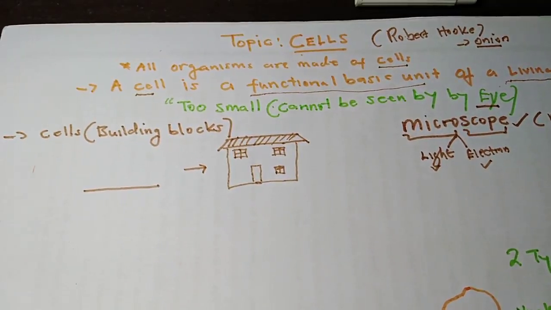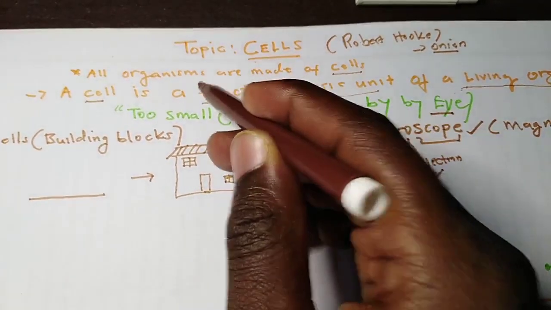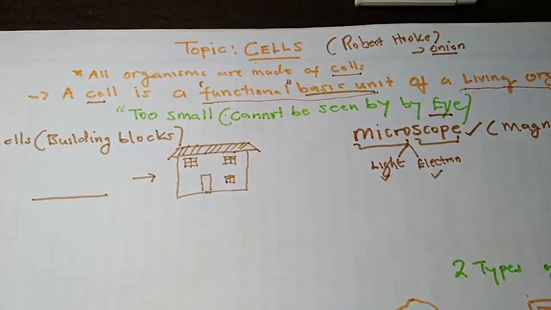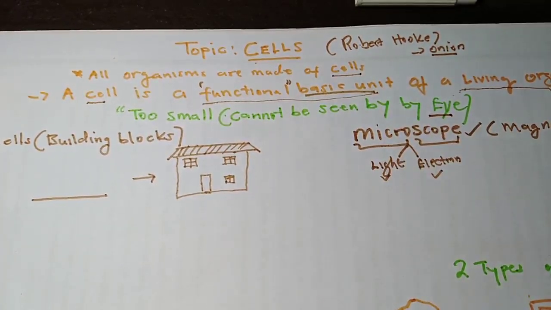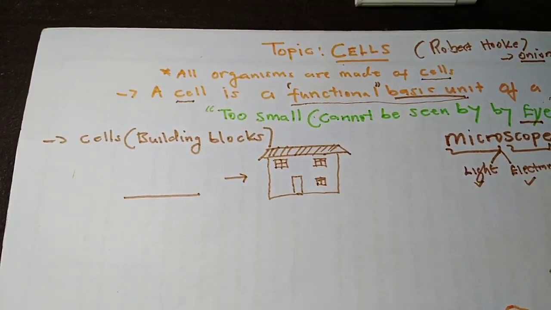All right, when we say a cell is a functional basic unit, it means that it has some function. And for you to understand what we mean by a basic unit, let's have this scenario. Let's say you're trying to build a house.